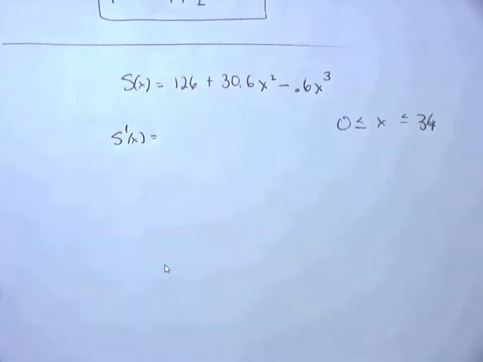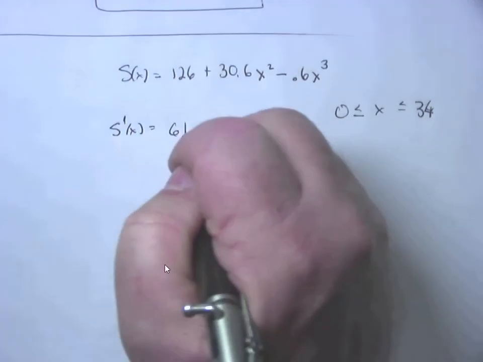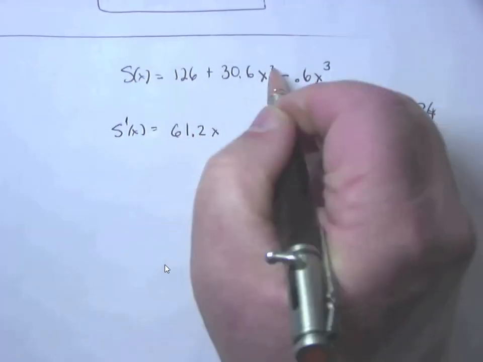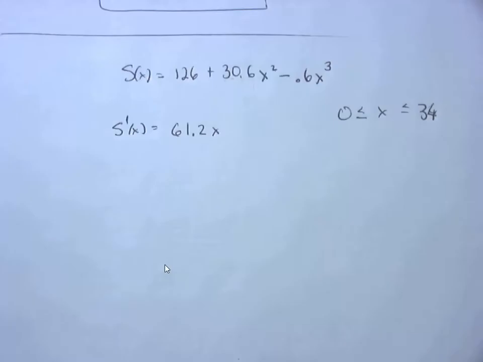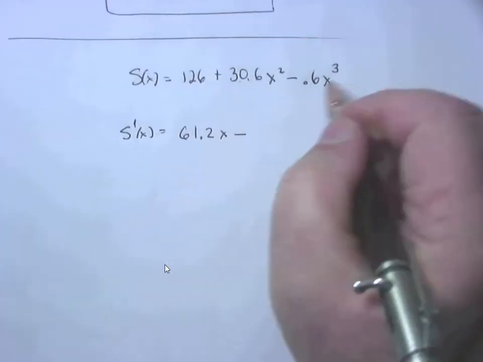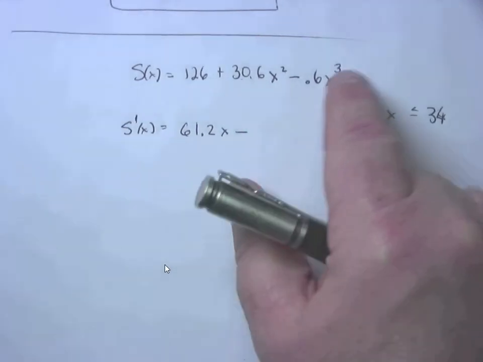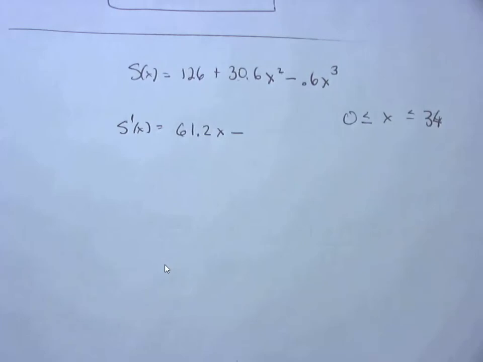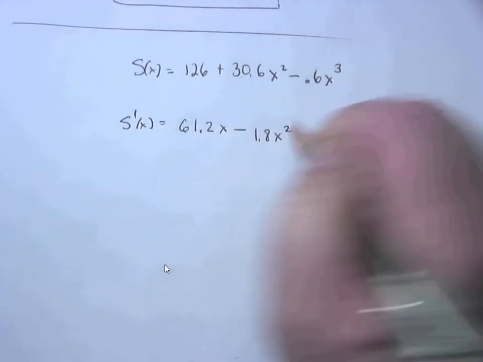Derivative of 126 is 0. The derivative of 30.6 x squared, 30.6 times 2 is 61.2x. I just did that on the calculator to make sure I didn't mess it up. Minus, what is 0.6 times 3? 0.6 x cubed, bring down the 3, 3 times 0.6 is 1.8x, and subtract 1, squared.